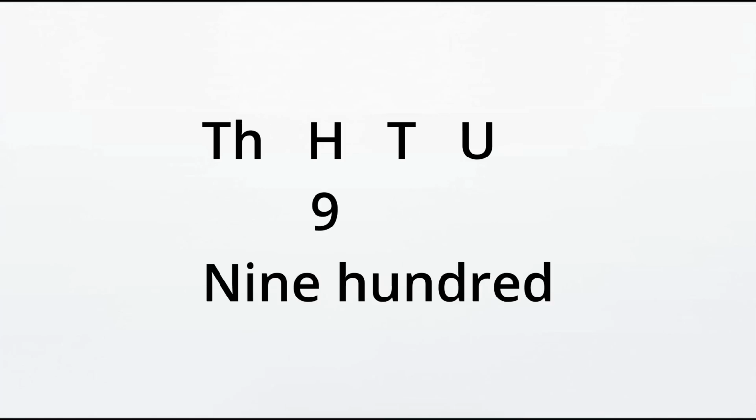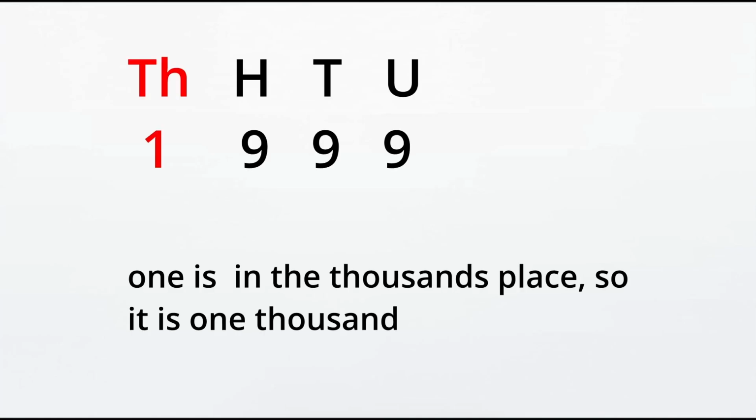The digit 9 is 9 if it is in the ones place, or if it is in the units place. It is 90 if it is in the tens place, and 900 if it is in the hundreds place. The value of 9 depends on the place value the digit 9 occupies. The digit 1 is 1000, of course, because it is in the thousands place. And going from left to right, each place value is 10 times the value of the next place value.